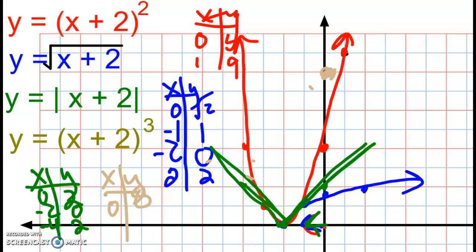Okay, and etc. So negative 2 gives me 0. Negative 1 gave me 1. Negative 3 gives me negative 1. So I have that same shape, but again, to the left 2. So it looks like adding 2 on the inside shifts us to the left 2, no matter what our function.